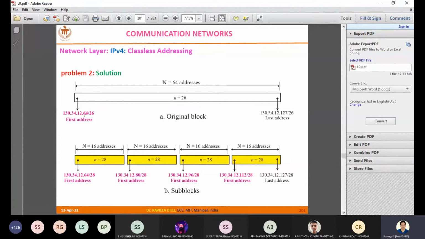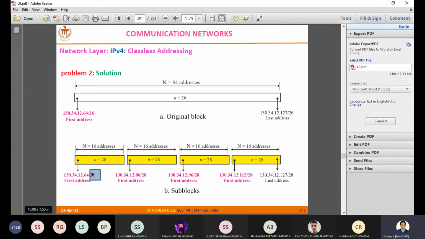Okay, so how would you allocate now? Look at this. This is the first address in the block when you're considering the entire block of 64 addresses. This is the first address and this is the last address. Now this has to be divided into 4 blocks, each with 16 addresses. So you have found out what the /n value would be. For each block, you should know how to write the first address and the last address. For the first block, it is /28.